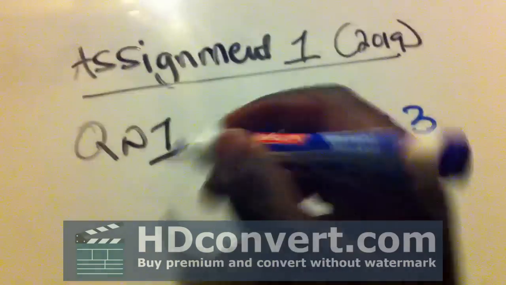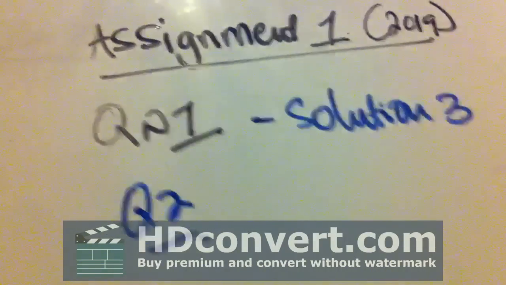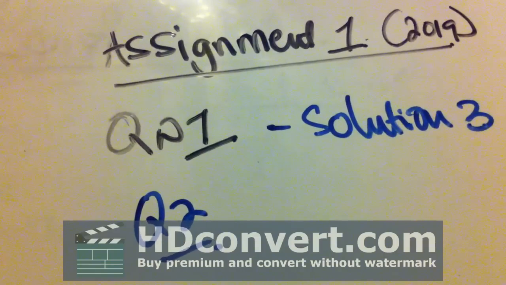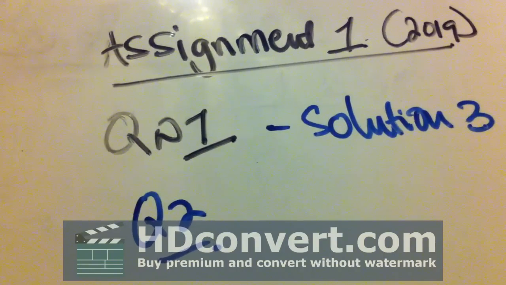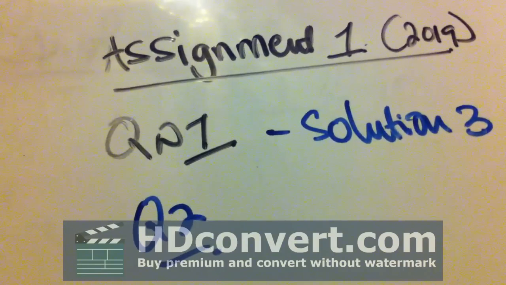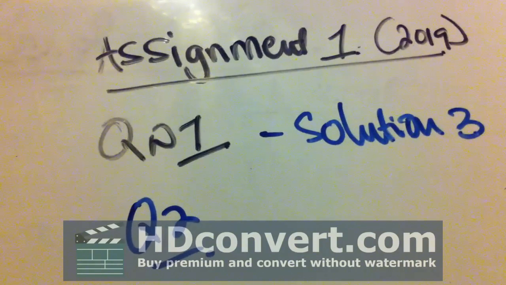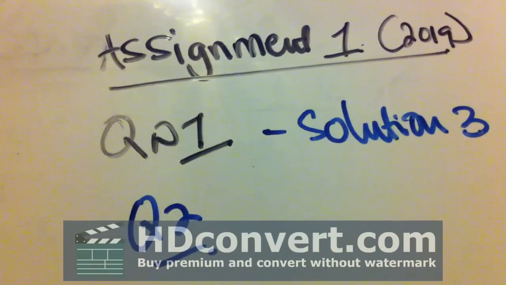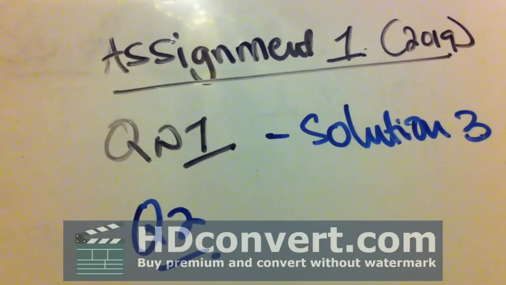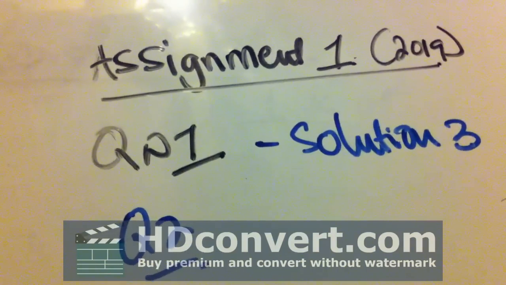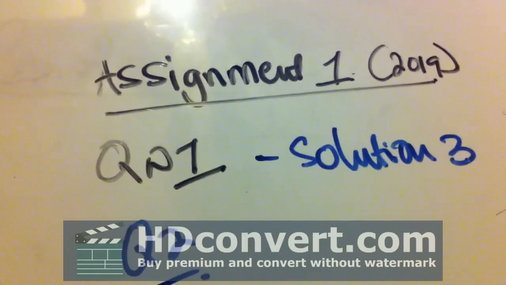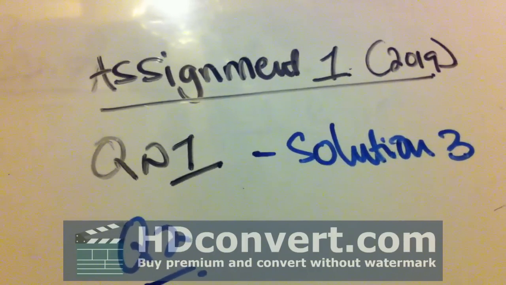For question number 2, as we proceed, the following are statements regarding assets and liabilities. Assets increase on the debit side, that's correct. Assets will be classified as current when they are expected to be converted into money in the entity's normal operating cycle, that's correct. Liabilities are resources controlled by the entity.